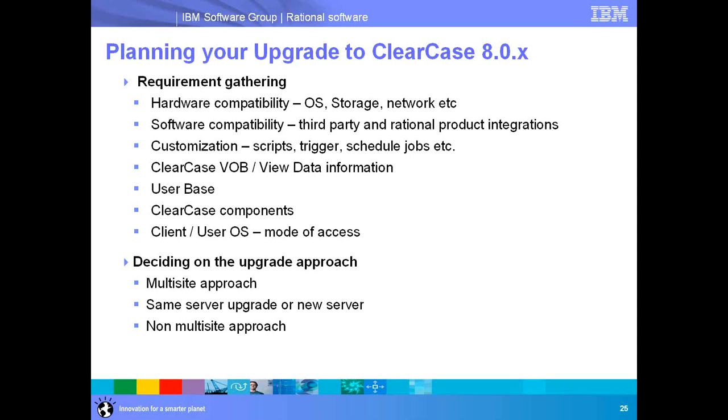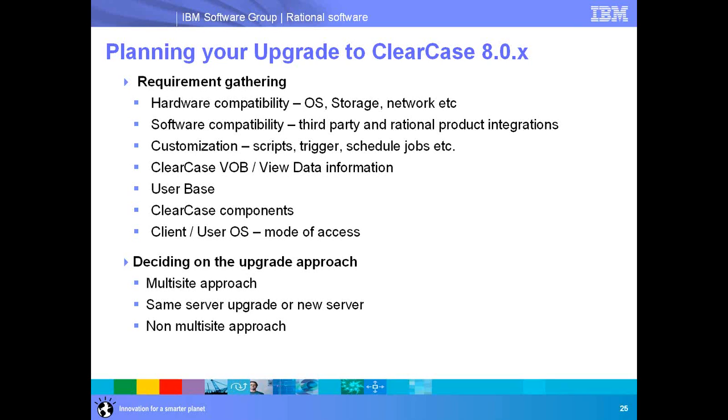You can create a replica to your target server, and once the replication is done and all the VOBs are registered and available on your new server, you can finally ask your users to start accessing the VOB data on the new server. In this duration while the upgrade is happening, there is minimum downtime. Your users can still be accessing the VOB data on your existing server or the older version.